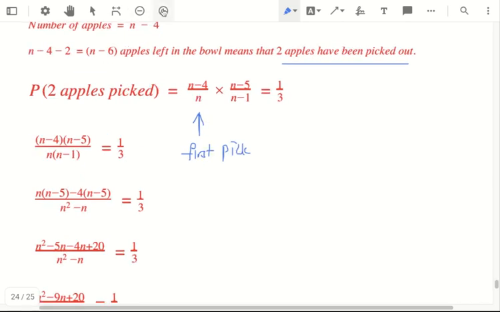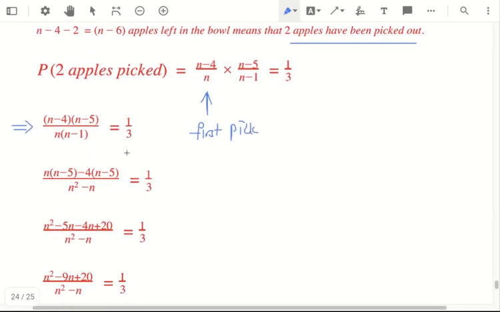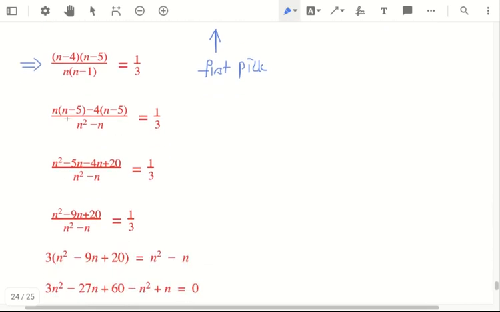Okay, then I expand it. So n minus 5 minus 4, n minus 5. Okay, then n square minus n. Okay, then I expand this. So I get n square minus 5n minus 4n plus 20.